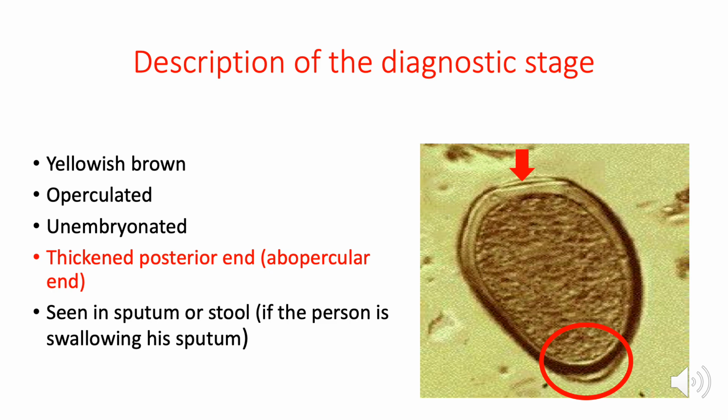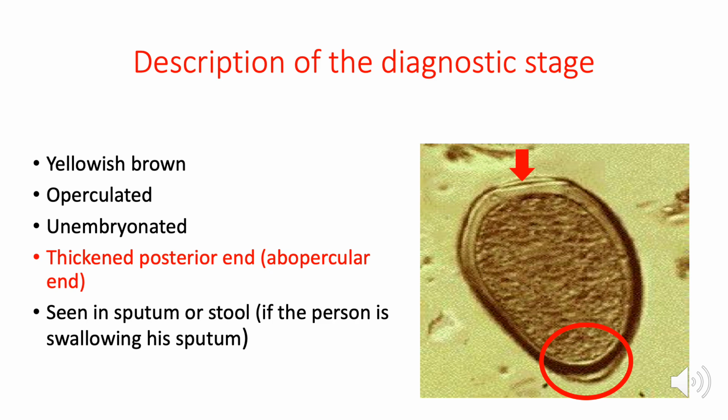So meaning, the eggs of Paragonimus, Echinostoma, Fasciola, and Fasciolopsis are all elliptical in shape. They are all yellowish to brown in color. They are all operculated. What will help you distinguish Paragonimus eggs from the eggs of the other three is the presence of the thickened posterior end.